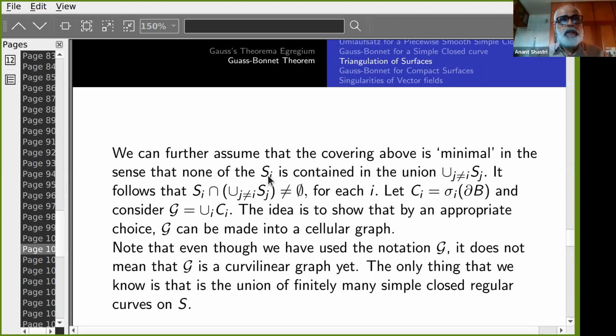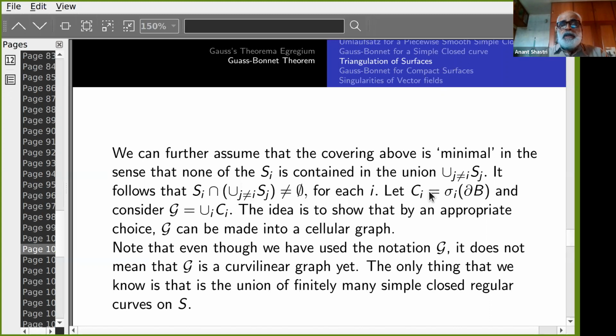So together, the triangulation will be the triangulation of the union. So I am assuming that the surface is connected, then it follows that Si intersection union of all the other Sj's is non-empty. This will happen for each i.